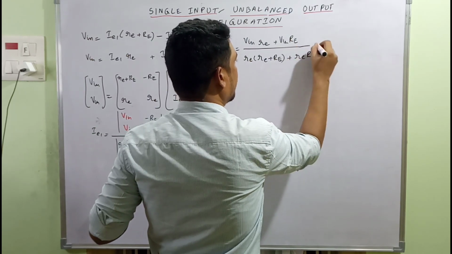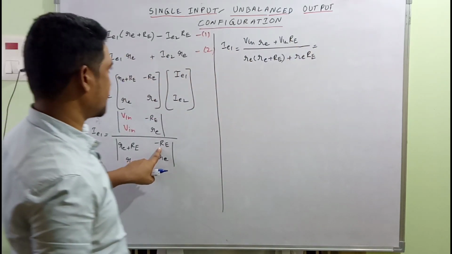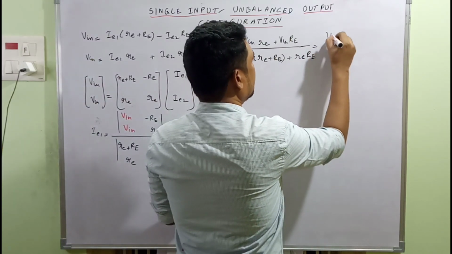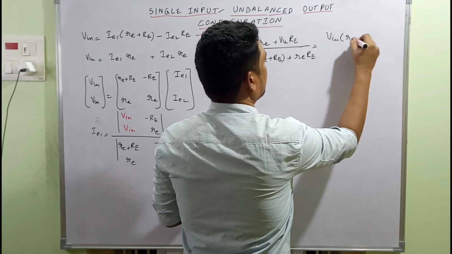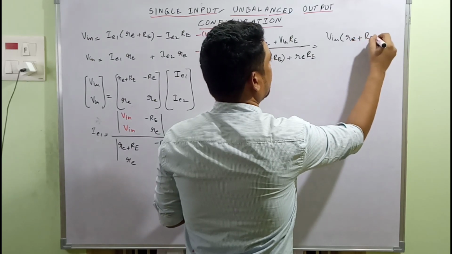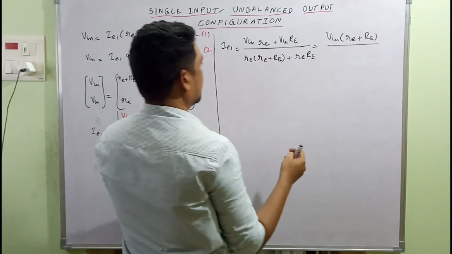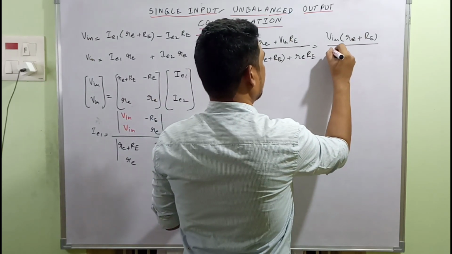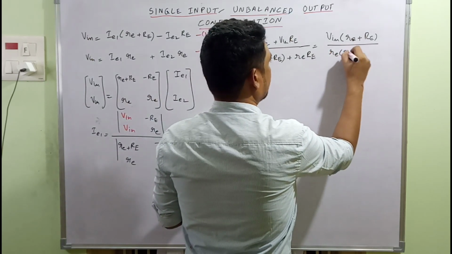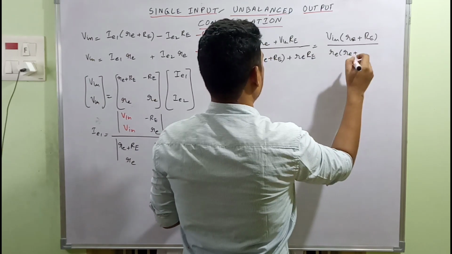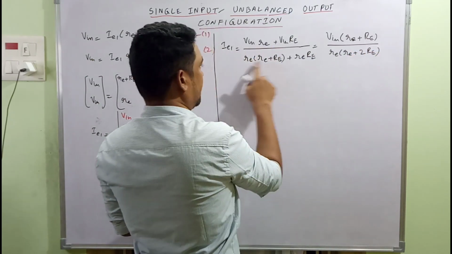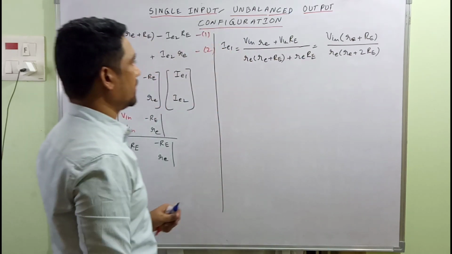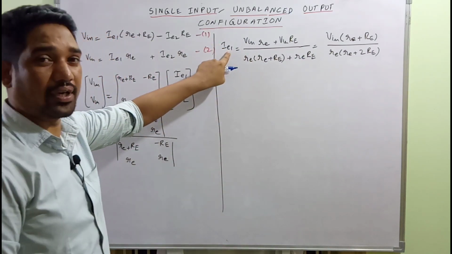That could still be simplified to V in into RE plus RE, and in the denominator RE into RE plus twice of RE, another simplification, taking out RE as common from all the terms. So this is my expression for IE1.